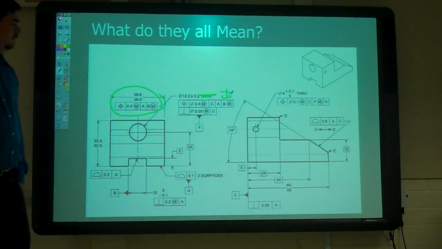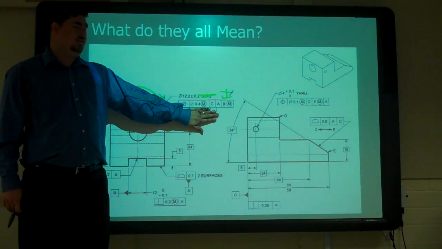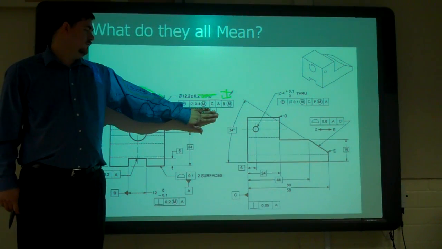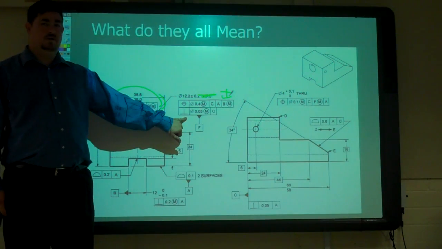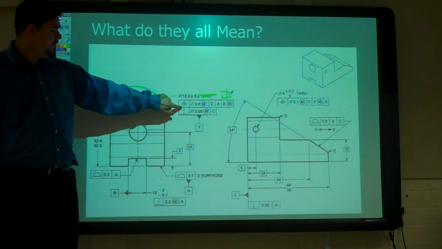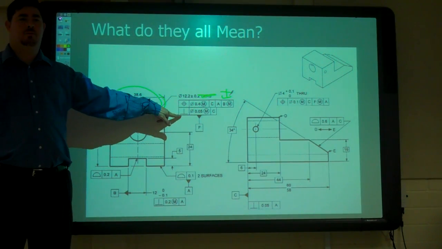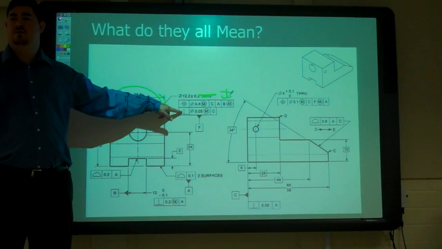I mean, that 0.05 is perpendicular to C. No, that's the one that we saw earlier, and I don't know what it is. So we just basically did something like that, right? Yeah. Oh, that's perpendicular to that back wall. So this hole has both a position tolerance and a perpendicularity tolerance.